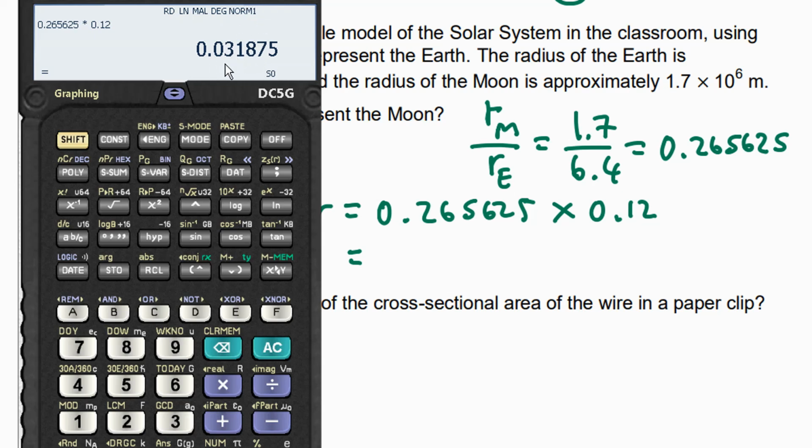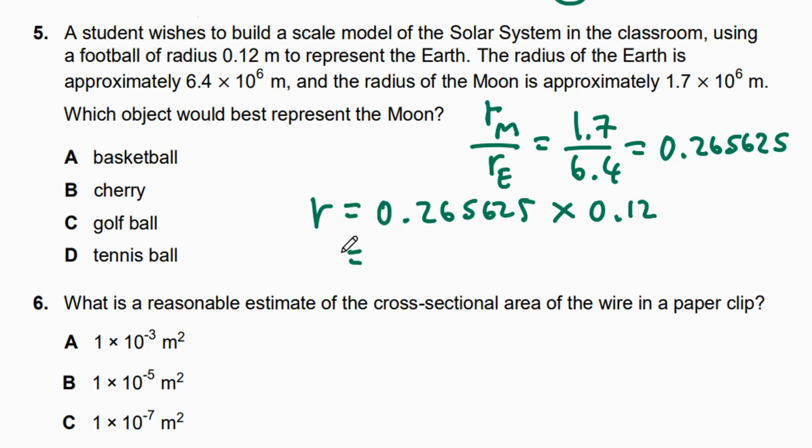Of course this is in meters, so it will be approximately 3.2 centimeters. Now, which of these objects will have a radius of approximately 3.2 centimeters?